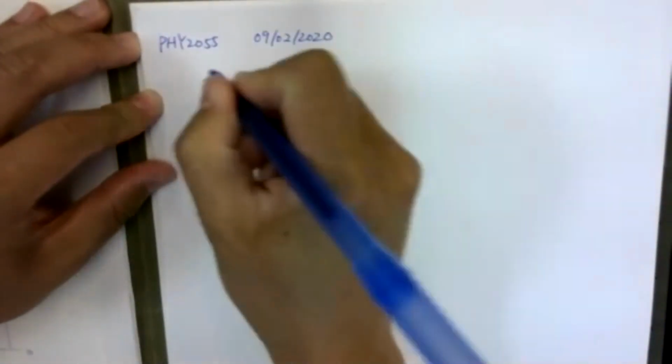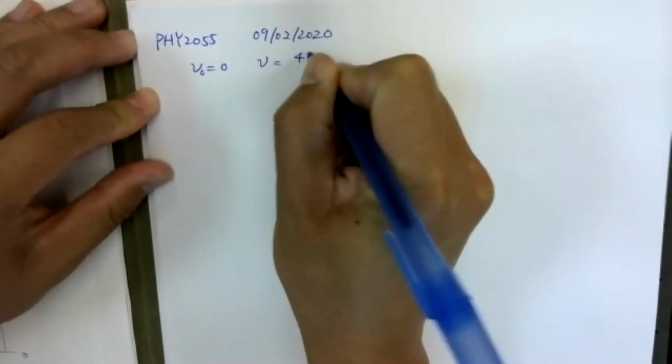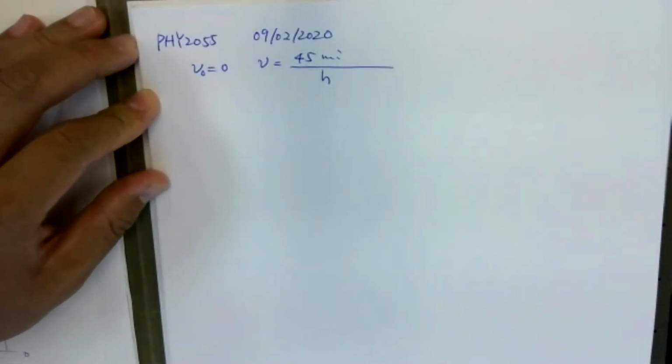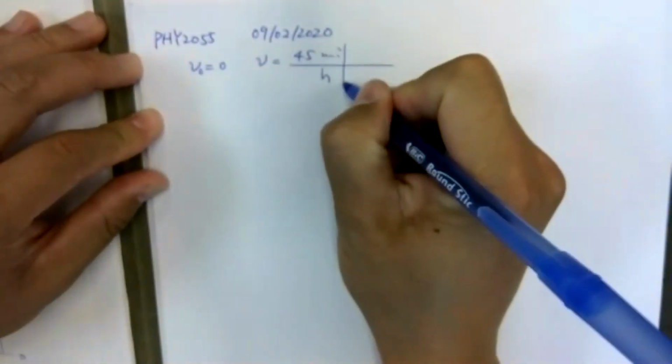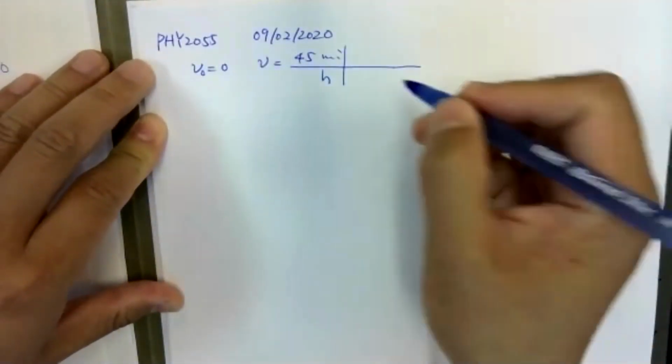I think we know that initial velocity is 0, and the final velocity is 45 miles per hour. So let's first take care of the units of the final velocity here. Let's convert it into meters per second.